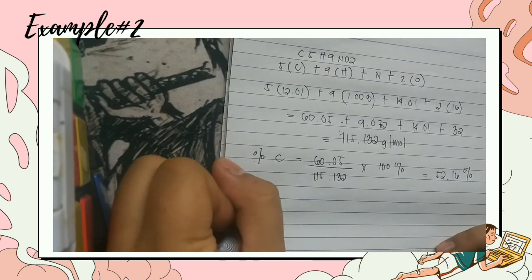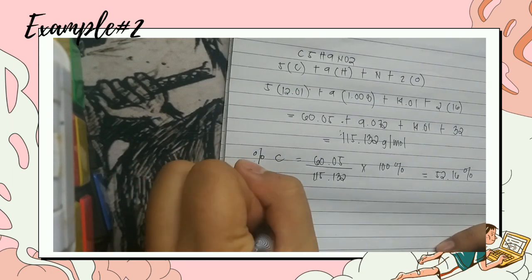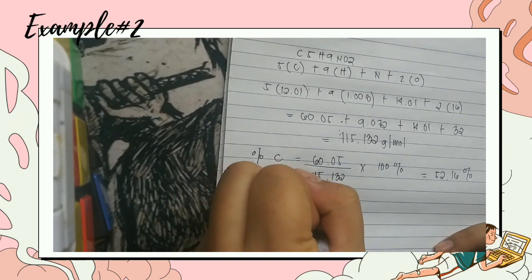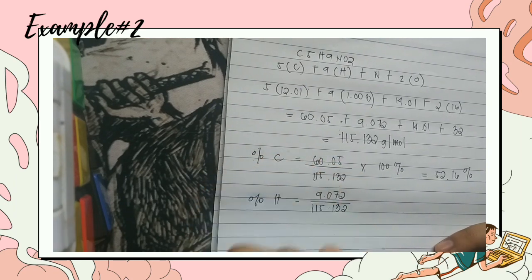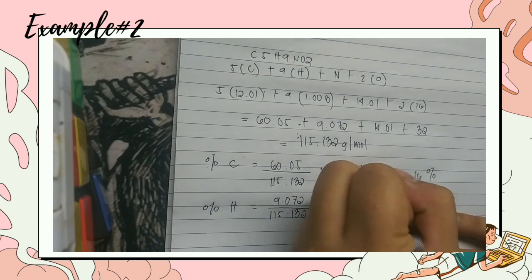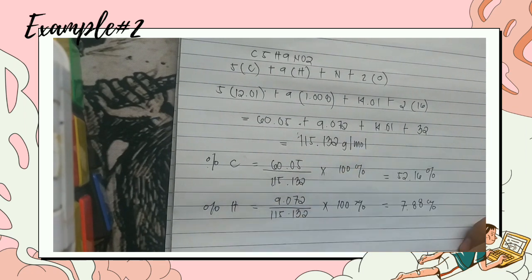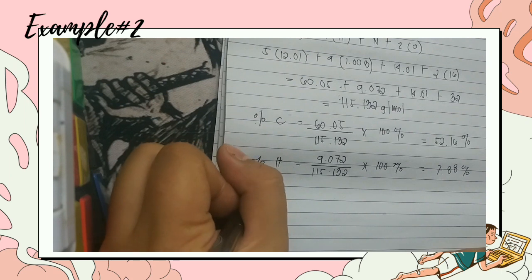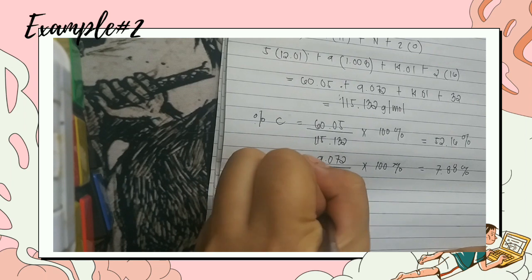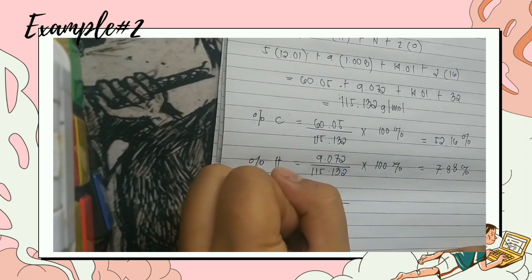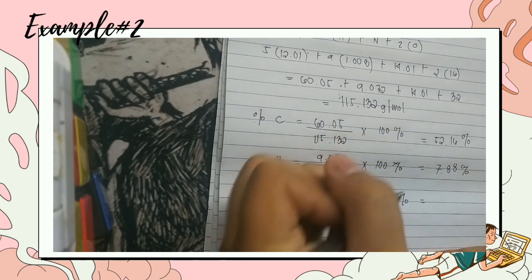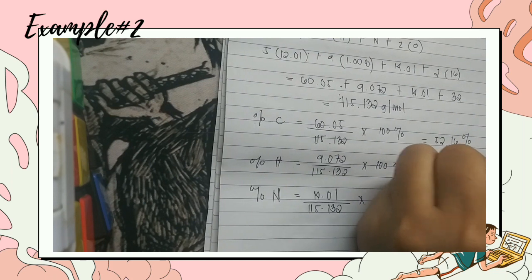And we will just rewrite it here. So it will be percent hydrogen equals 9.072 over 115.132 times 100%, which equals 7.88%. For the third, it will be percent N equals 14.01 over 115.132 times 100%, and the total is 12.17%.